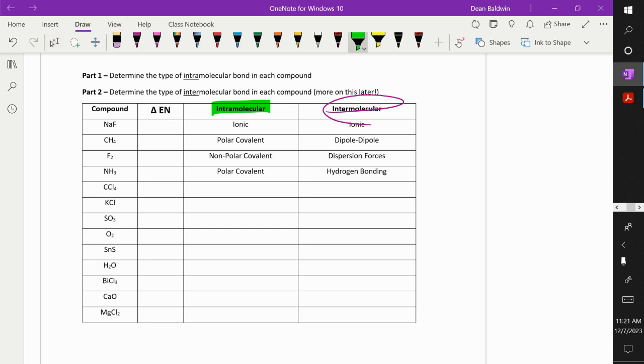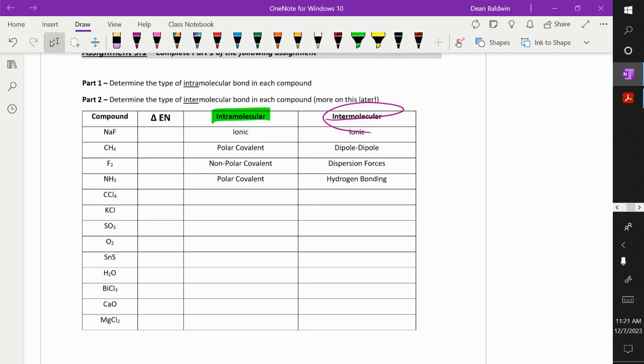Okay. Sodium fluoride is ionic. What's the EN here? 3.1? Delta EN, I guess. Methane, we just did that on the previous page. It was 0.4, which fits with polar covalent. F2 is going to be 0, so nonpolar. Ammonia, sorry, 0.9.